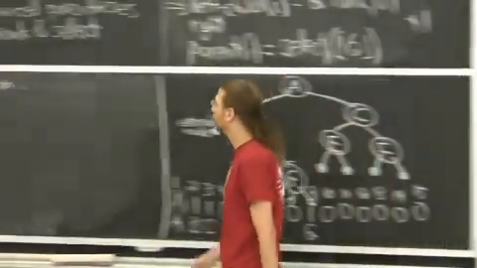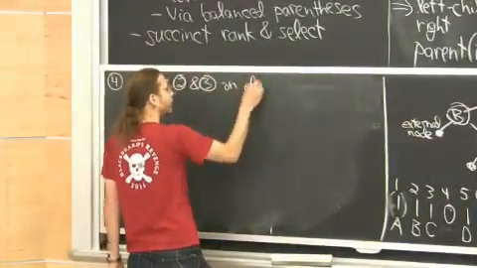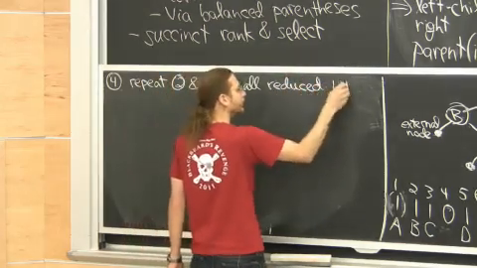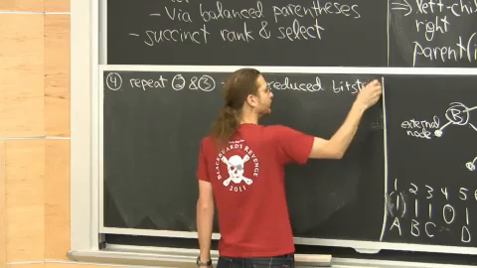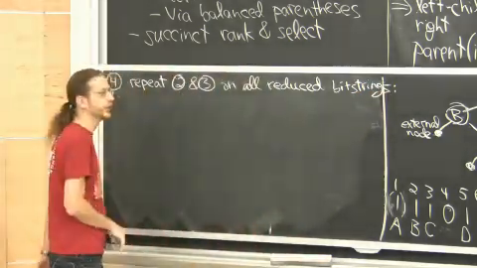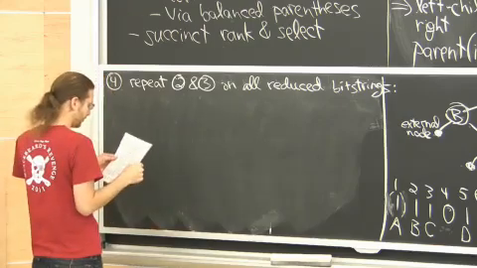And so step 4 is on all reduced strings, all reduced bit strings. I want to do steps 2 and 3 again. Let me do it quickly.